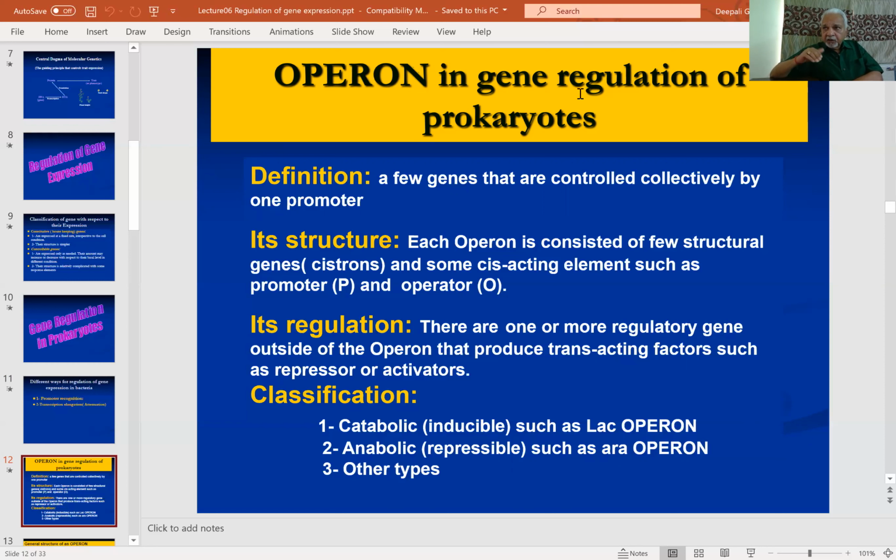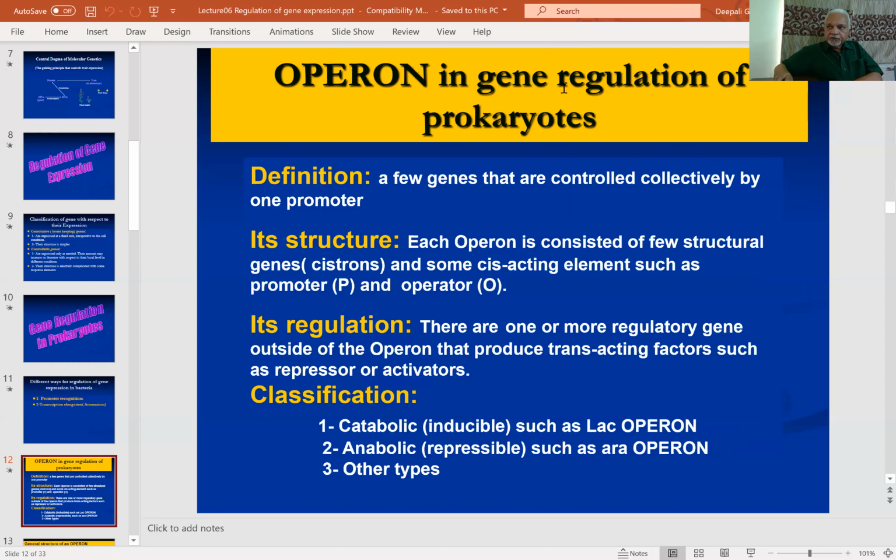So in an operon, as I mentioned, a few genes are controlled collectively by one promoter. That's what I was trying to tell you: all the genes involved in a metabolic process are controlled by a single promoter.